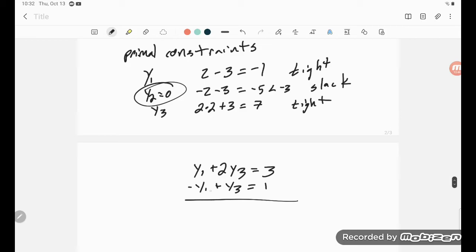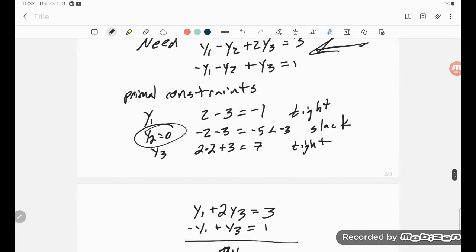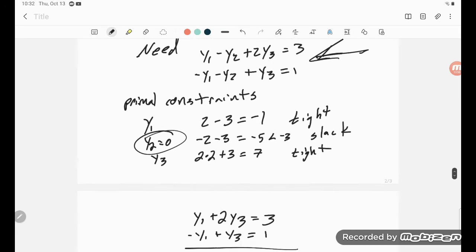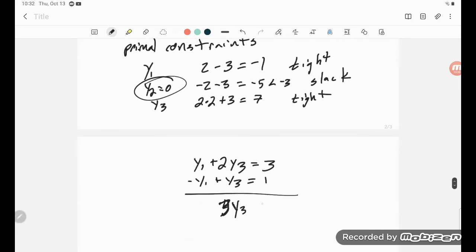And so again, I add those, and I get 3y3 is equal to 4, so y3 is equal to 4/3.